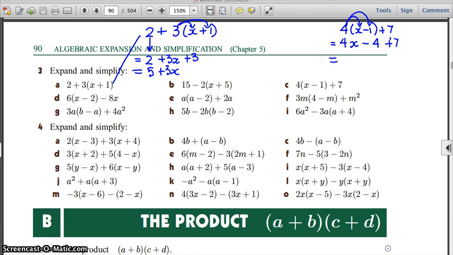Lockie? The minus 4 and 7. Excellent. Minus 4 and 7. What does that give us? Minus 11.